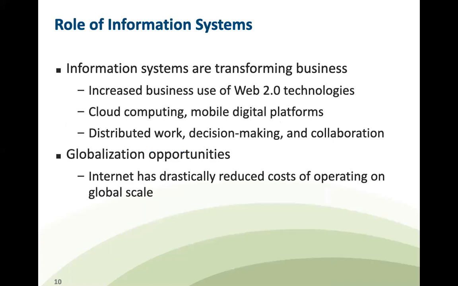Role of information systems. So information systems are transforming business. For example, increased business use of Web 2.0 technology. So basically, what are Web 2.0 technologies? It's basically the websites and applications that allow anyone to create and share online information.